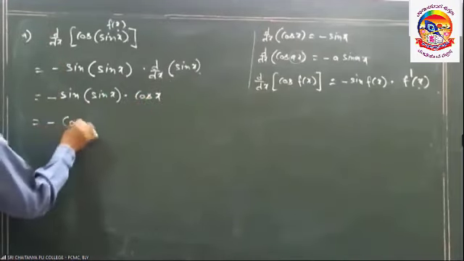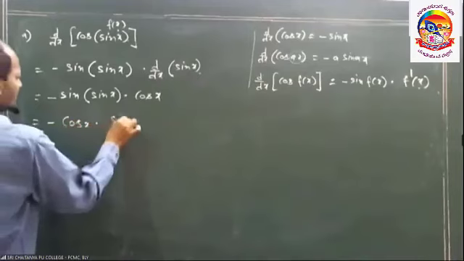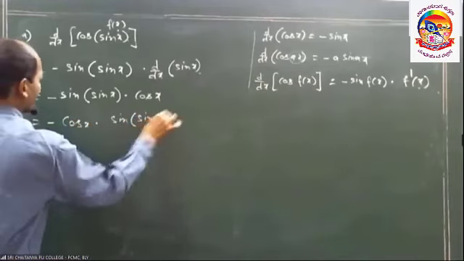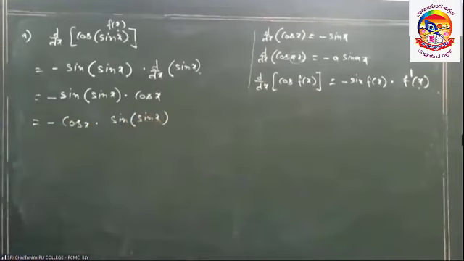So minus cos x into sin of sin x. It is the derivative of cos of sin x.